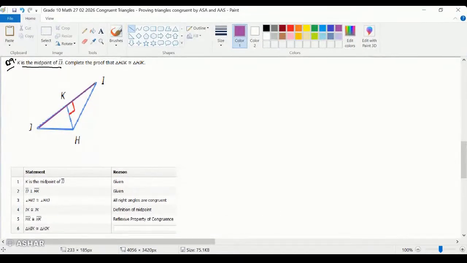Sorry. If this is the midpoint, then this length and this length must be equal. Agreed? If this angle was right angle, then this angle would be right angle as well. And we have a common side. Agreed? We have a common side over here, that is KH, right? They would say HK equals HK, that is always the common side.